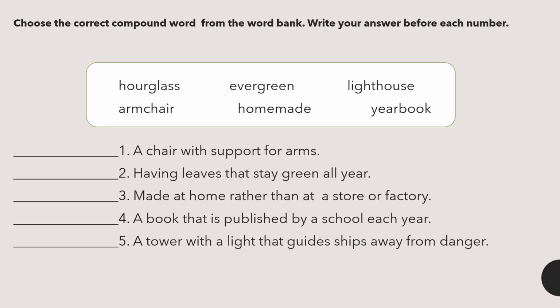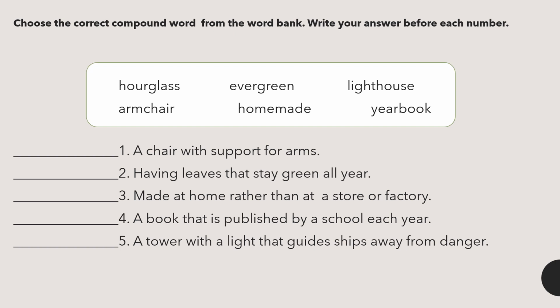Let's try this, kids. Choose the correct compound word from the word bank. Write your answer before each number. Number 1, we have a chair with support for arms. Number 2, having leaves that stay green all year. Number 3, we have made at home rather than at a store or factory.